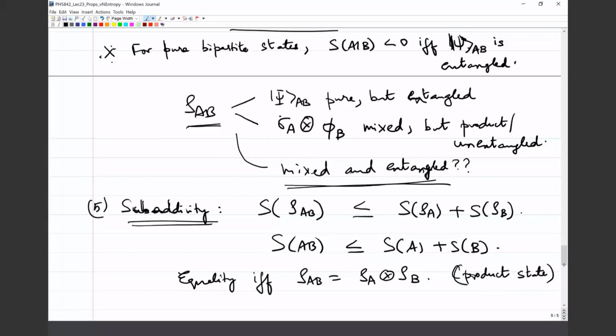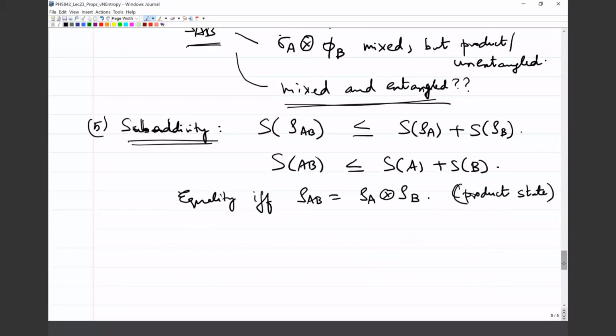Again, this is the classical analog of independently distributed random variables. So these are uncorrelated states. Or rather, the two subsystems are uncorrelated. So this is a scenario where the subsystems are in a state which has no correlation between them.